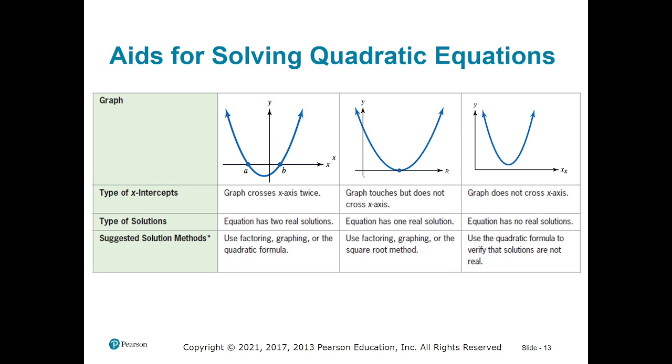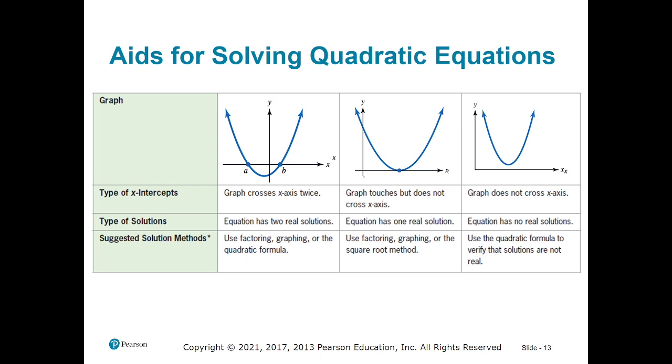Okay, well, the other situations, we've got one where the graph touches but does not cross the x-axis. And what this means is that the equation has only one real solution, right? There's only one value of x, then when you plug it into the function, you get y equals 0, right? And it happens at the vertex there.